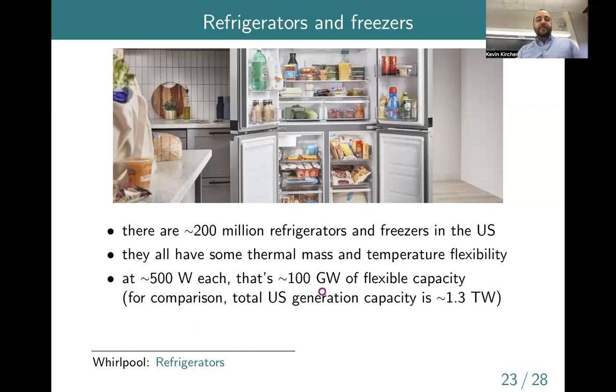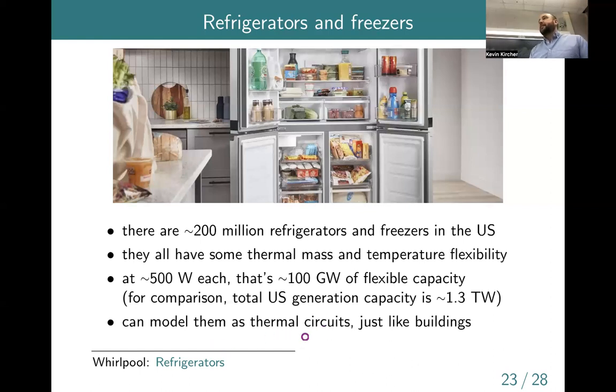And we can model these things using thermal circuits. Basically the models look just like they do for buildings, for thermal storage, and so on. You could use a one capacitance model, a 1R1C model, where the overall capacitance of all the food and the air inside the fridge is your C. And then you have an R that has to do with the insulation of the walls.